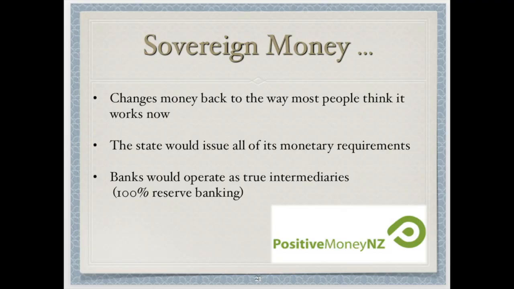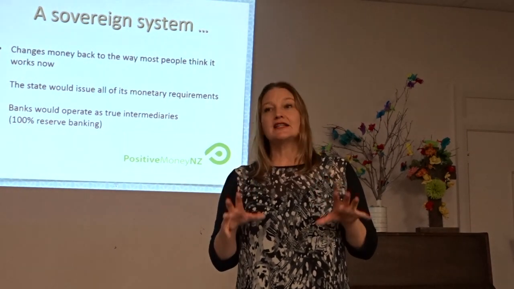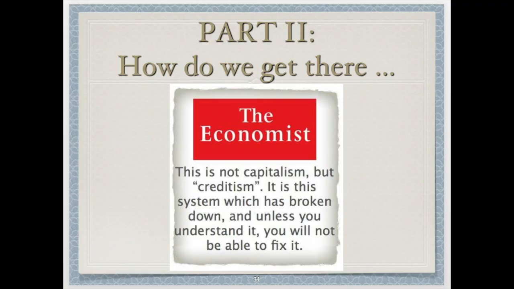So in a sovereign system, we talked about how it changes the money back to the way most people think it works now. We talked about how the state will issue all of its money requirements and the banks would operate as true intermediaries. So the next part of the talk is how we're going to get there. And I put this quote in here from the well-known Economist magazine, who ran an article on this.